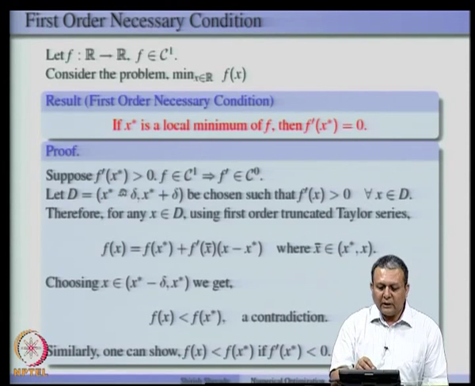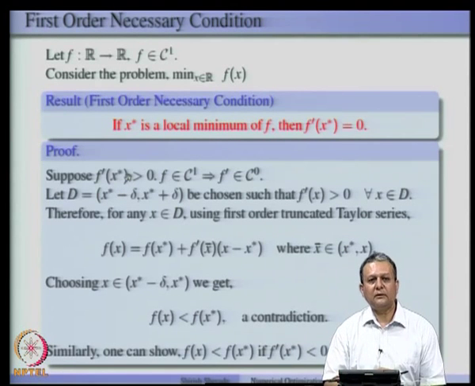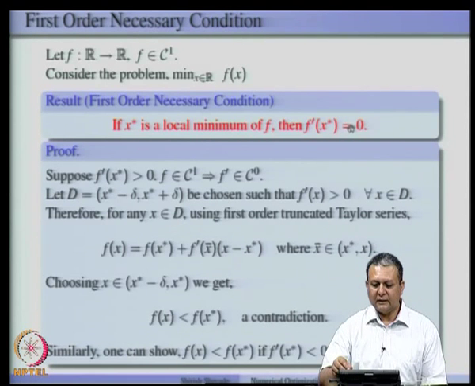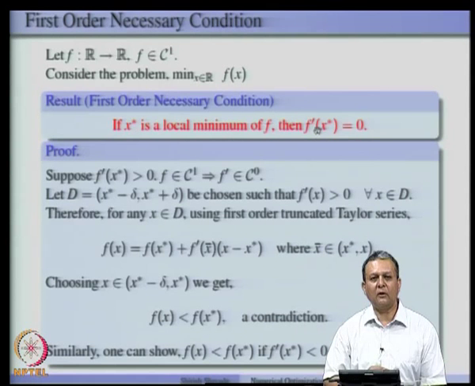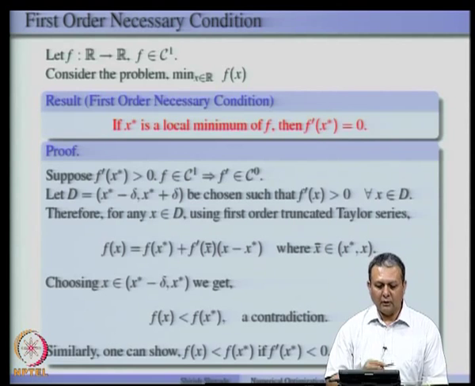So, let us assume that f dash x star is greater than 0. The result says that if x star is a local minimum, then f dash x star equals 0. On the contrary, let us assume that f dash x star is greater than 0, and then we will prove that in such a case x star cannot be a local minimum.